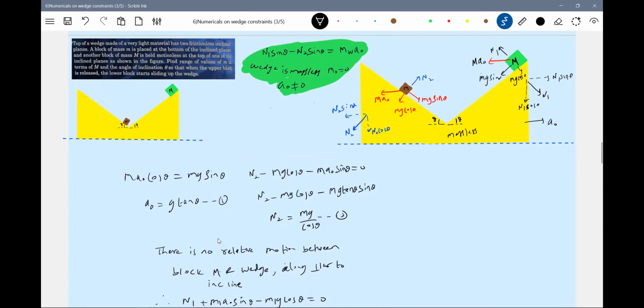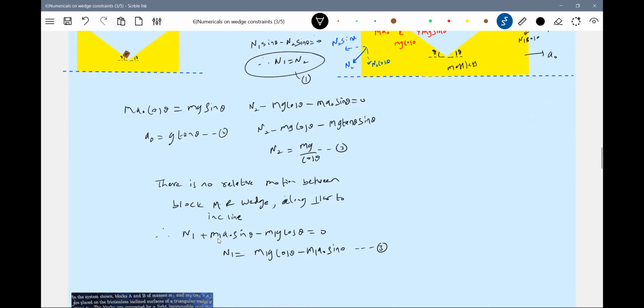I think the complete problem is there. N1 sin theta minus N2 sin theta equals 0, therefore N1 equals N2. This is equation 1, we will change it, it will be 3, and call this equation 4. So solving 1, 2, 3, 4, we'll get the required answer.